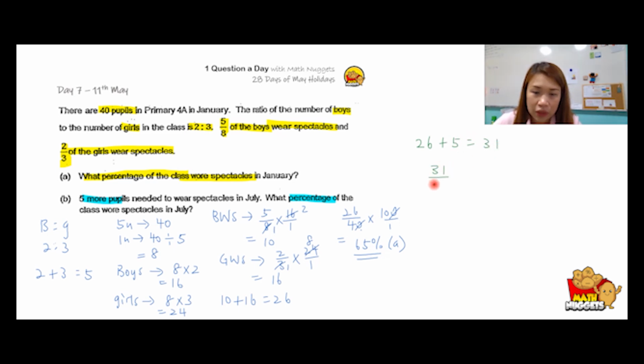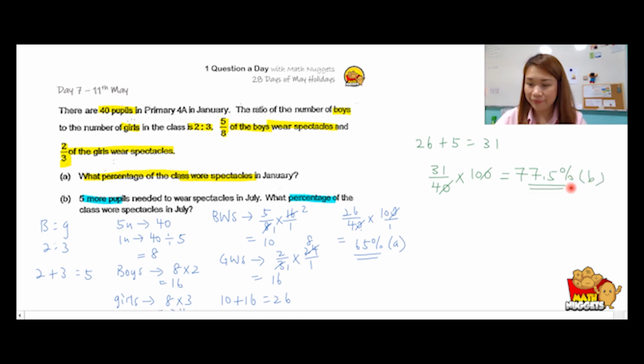So the new percentage will be 31 out of 40 times 100, which is 77.5%, and that's the answer for part B.